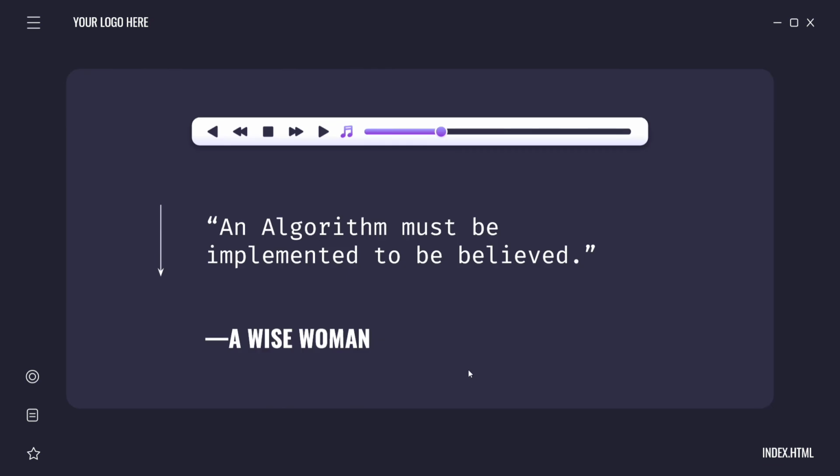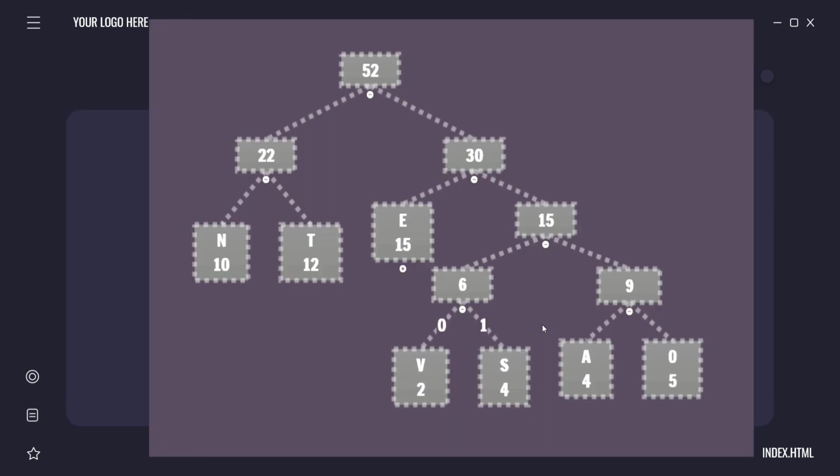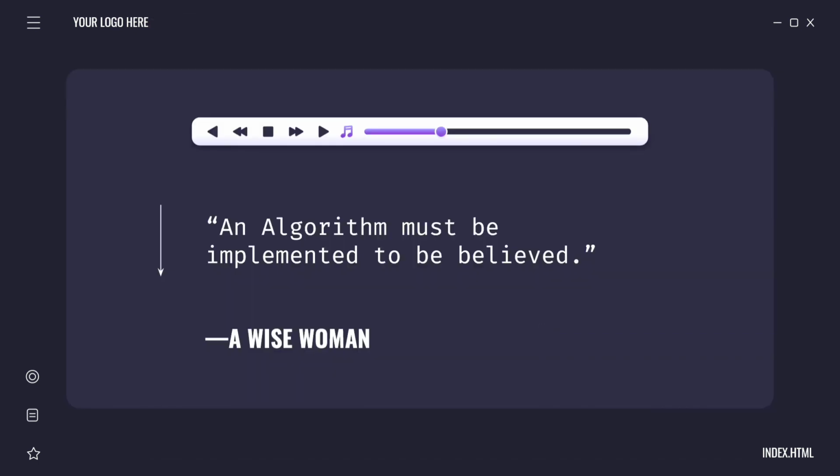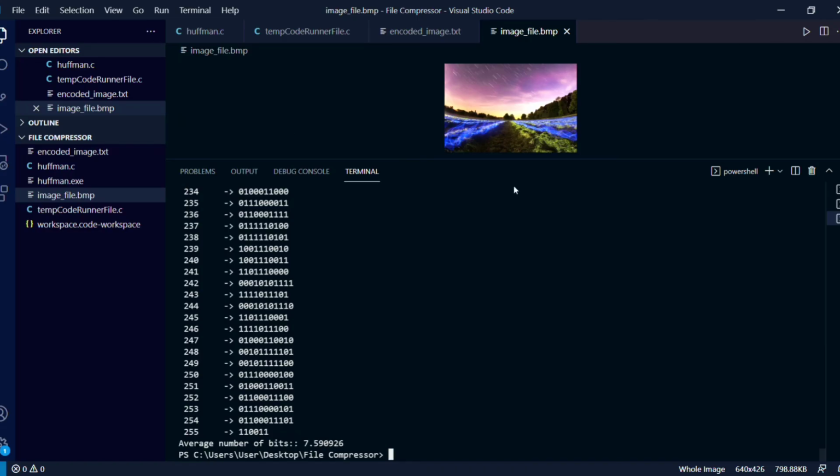Yeah, so Weissman once said that an algorithm must be implemented to be believed. So there is this image file which is in PGM format, and let's just run this code once.